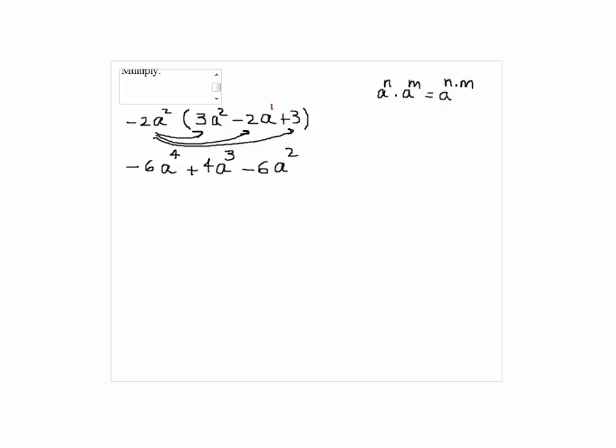You notice that the exponent here is 1. So it would be 2 plus 1 would be 3. Minus negative 2 times 3 would be 6, a to the power of 2. We want to make sure that we combine like terms. In this case, we don't have any like terms. So we're done.